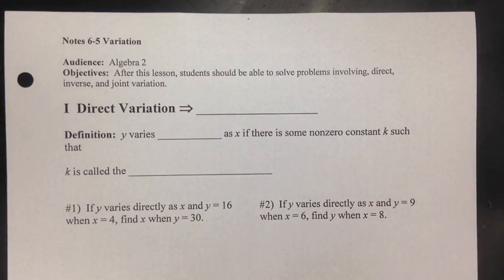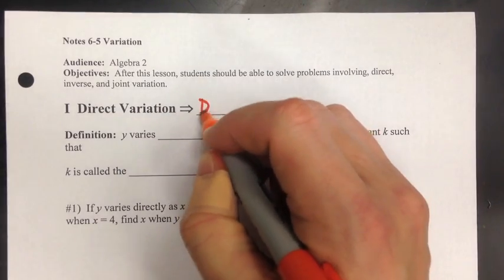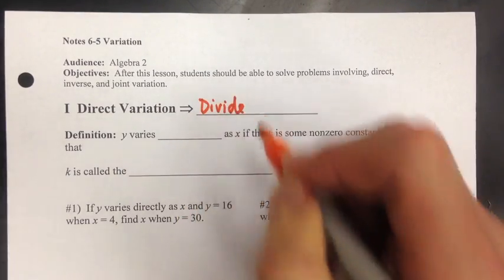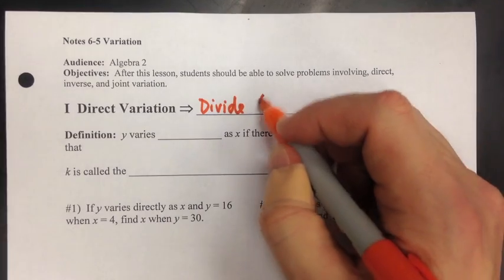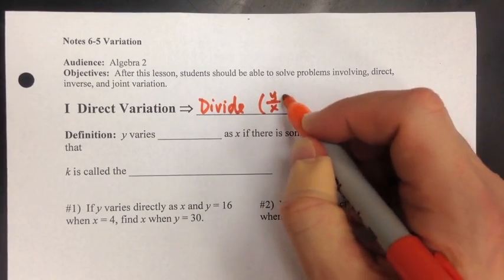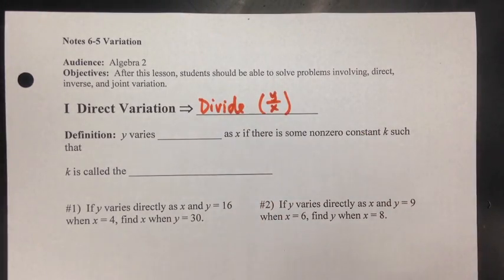So the way that I think about this, when it's a direct variation, I think divide the variables. What I mean by that is, usually it's y and x, so I take y and divide it by x. So direct, divide.